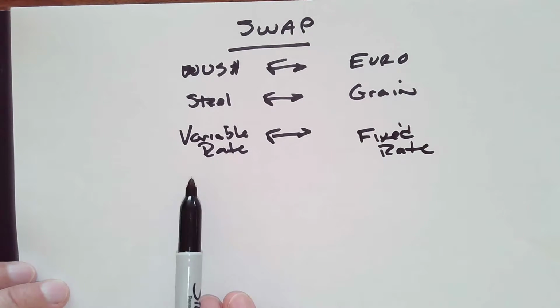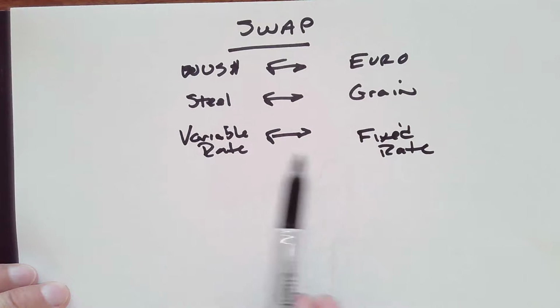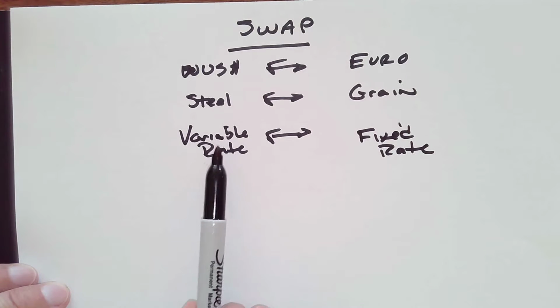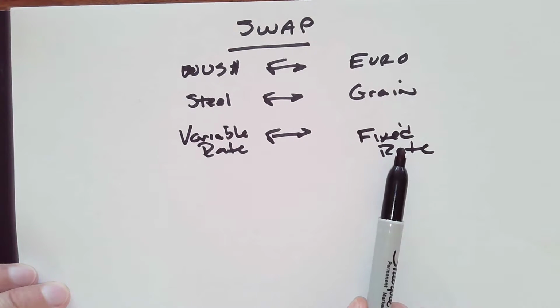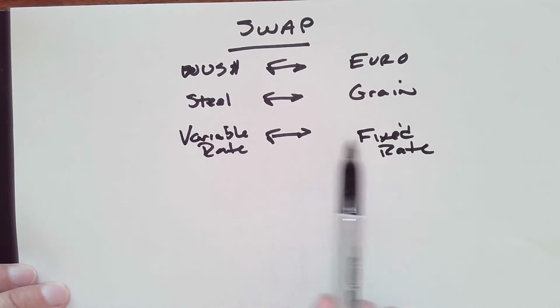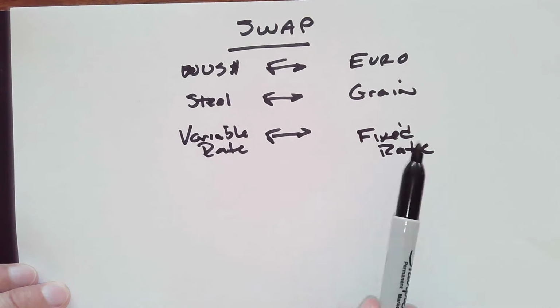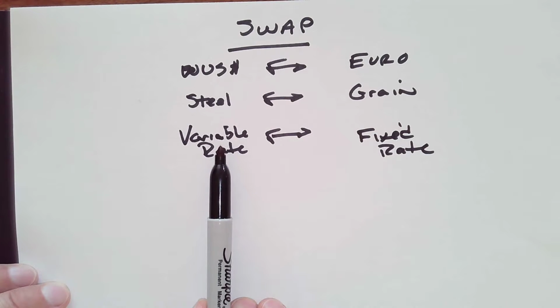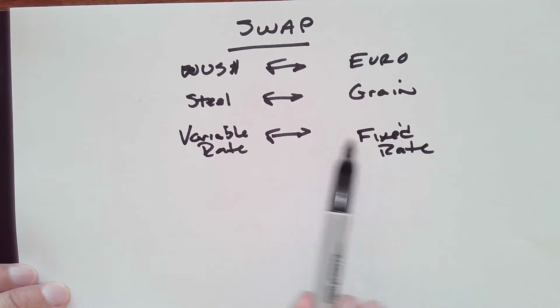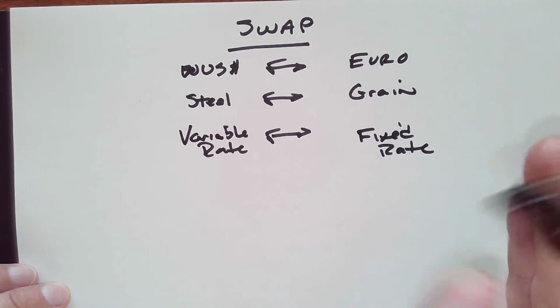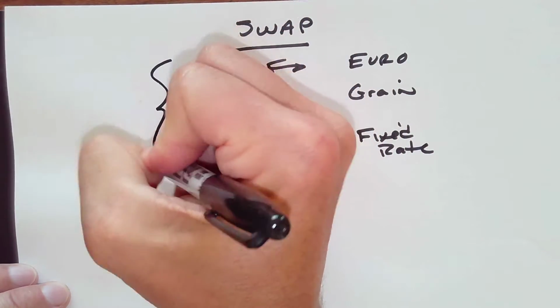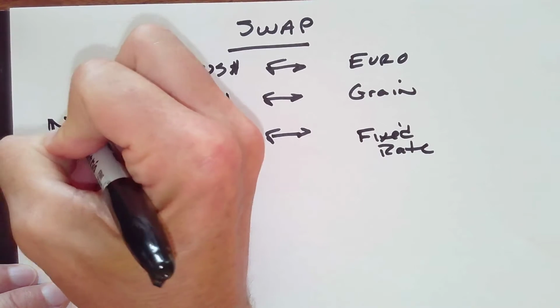Now, what we're doing is we're just saying, okay, given the variable rate, given the fixed rate, we're going to figure out what is the net payment. So all we're doing is we're just swapping out one thing for another. And in each of these cases, there has to be some notional amount attached to it.